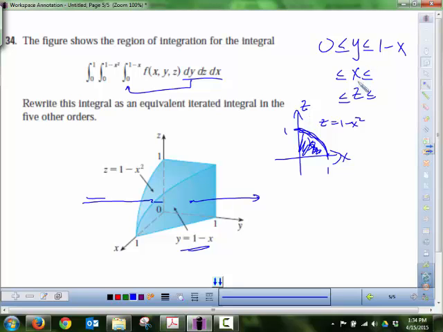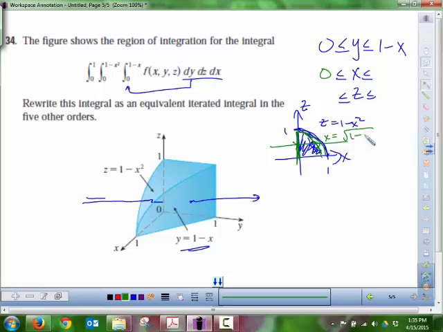Now, if I want to integrate with respect to x first, I would draw a line parallel to the x-axis and see when I enter my region and when I exit my region. I enter when x is equal to 0, and I exit right here, where I have to write x in terms of z. That would be the square root of 1 minus z.